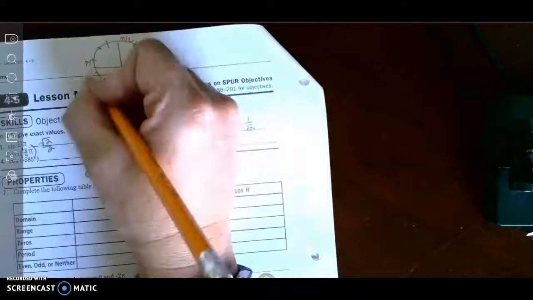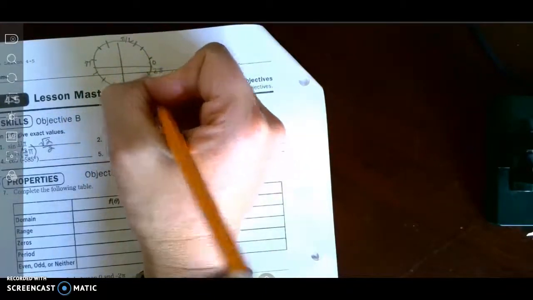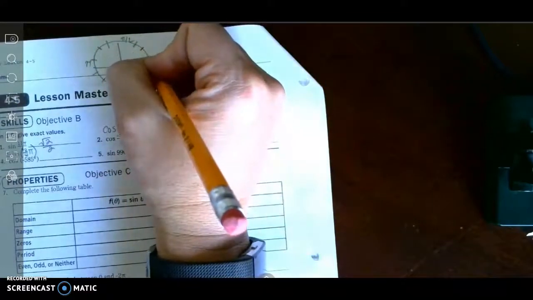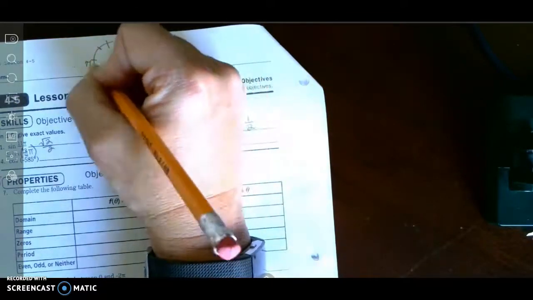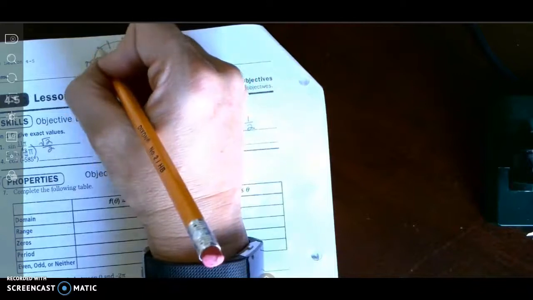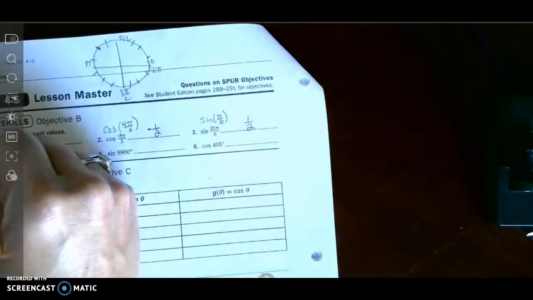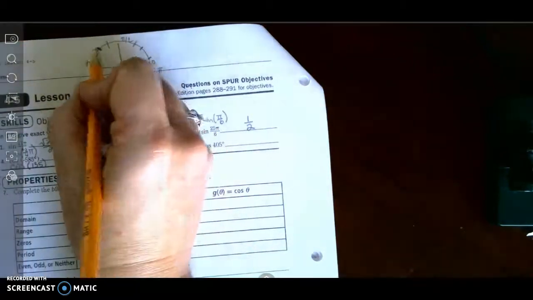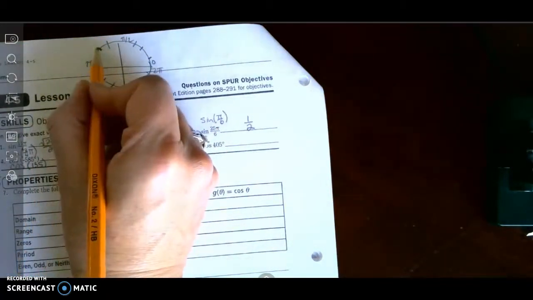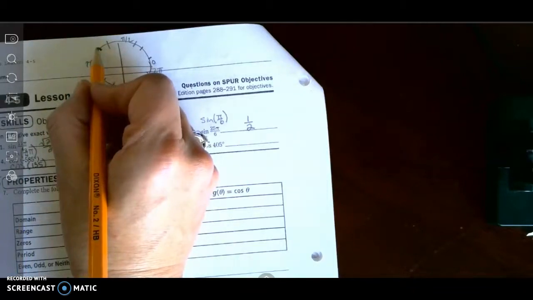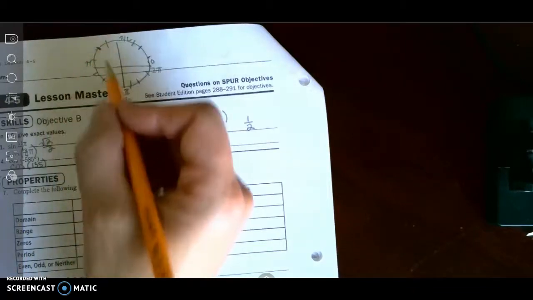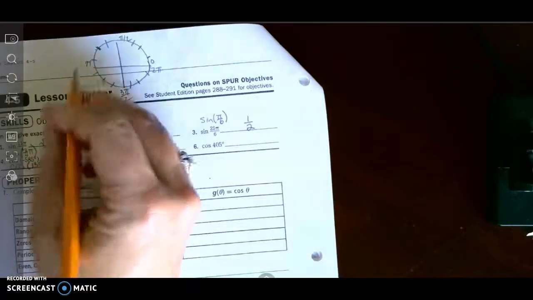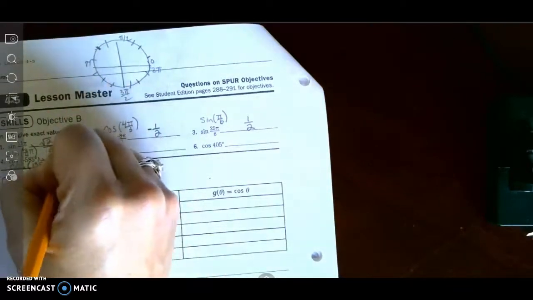So I went all the way around 360, and then I'm going to go another negative 225, because this is negative. So 225 would be right here, which is the cosine of positive 135. That's what's on my unit circle right here, is positive 135. And what is the cosine there? Well, both sine and cosine, all my pi over 4s, are square root of 2 over 2. And it's the x-coordinate, so it is negative.